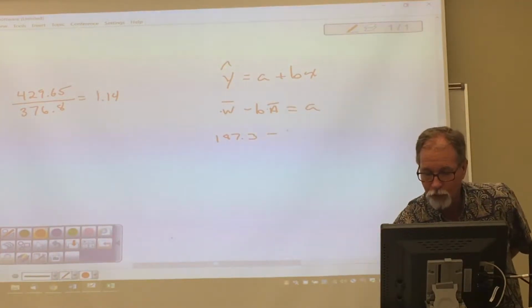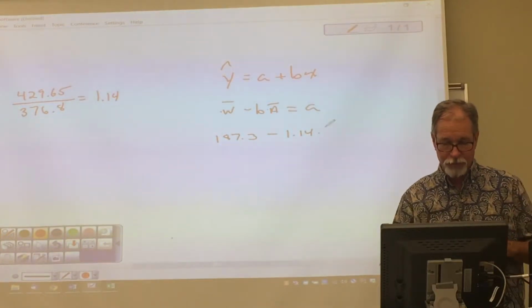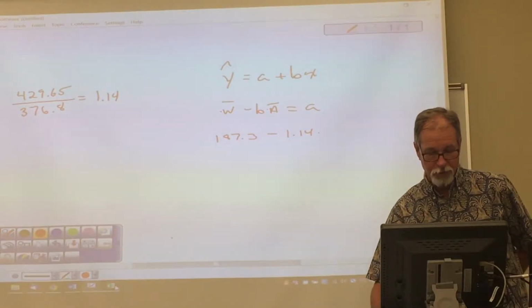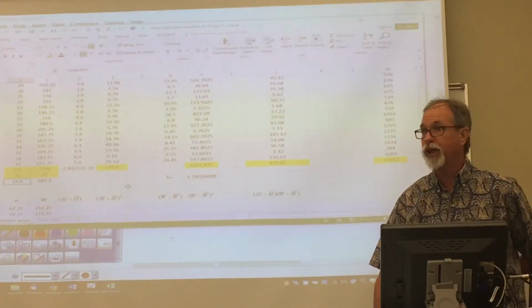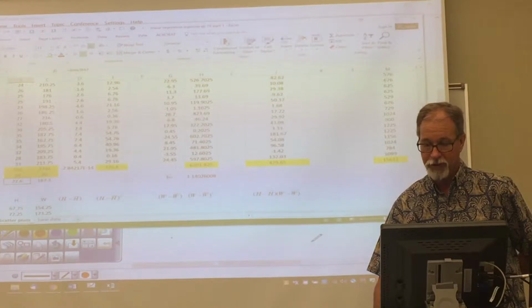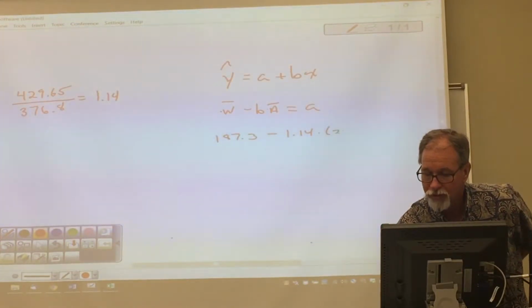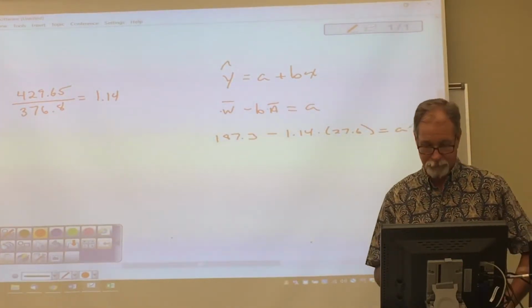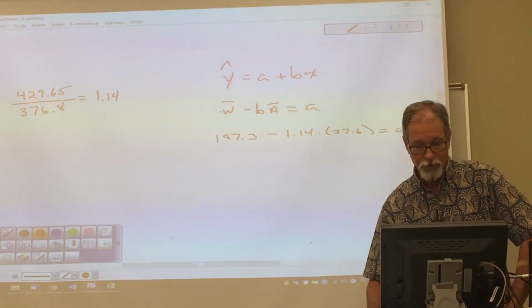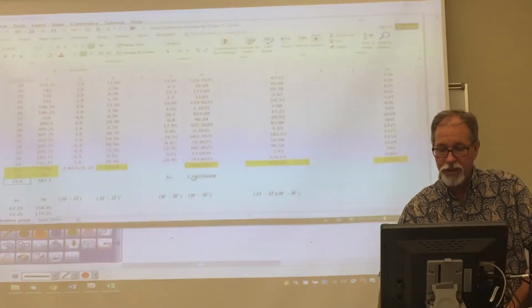And minus 1.14 times X bar, which was 27.6. So you basically just put in the number, and that will give me my A. So 187.3 minus 1.14 times 27.6.